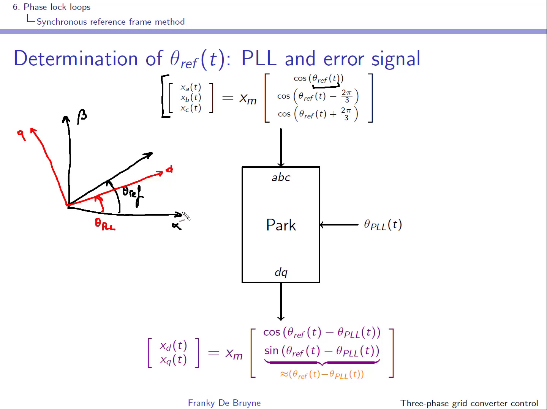So the job of my phase lock loop is that this D component tracks my reference signal. If we take the Park transform of my reference signal, going from the ABC framework to the dq framework using this theta PLL, you know that the result is going to be described like this.